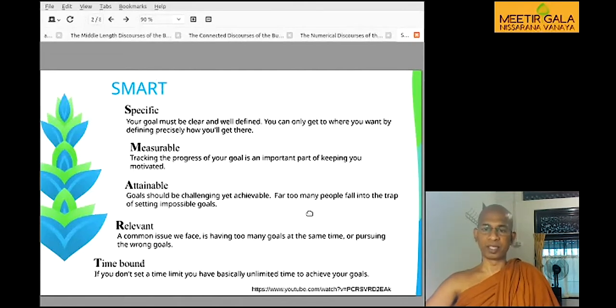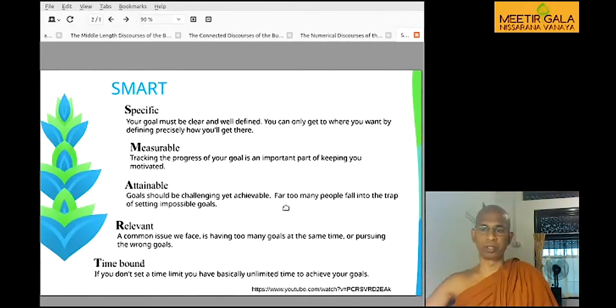Then relevant. The common issue we face is sometimes we have too many goals, and sometimes we are going away from our goal, and that is something we need to be careful about. So what we are engaged with has to be relevant.